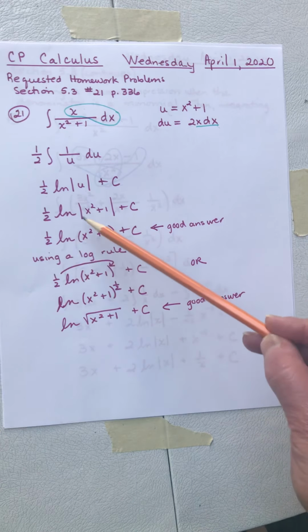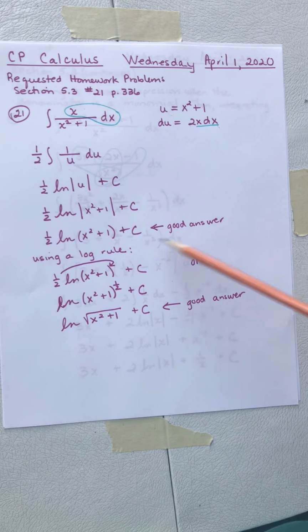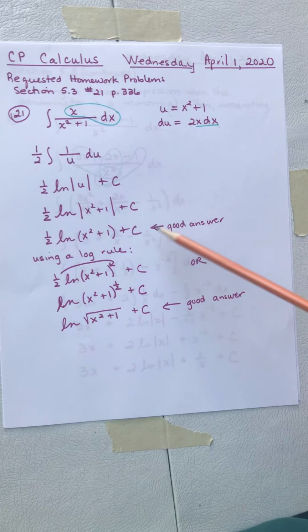That's a good answer. But I noticed in the back of the book, they didn't put that answer. They used a log rule on the answer, and they used the rule where you can take the number in front of the log and put it back as an exponent, as if you were condensing the log. So the 1/2 ends up here, and we end up with ln of the quantity x squared plus 1 to the 1/2 plus c.